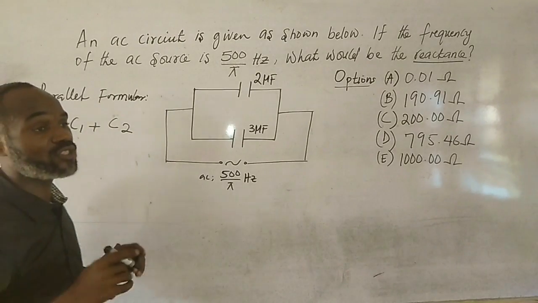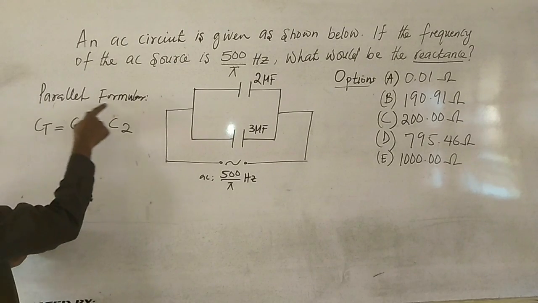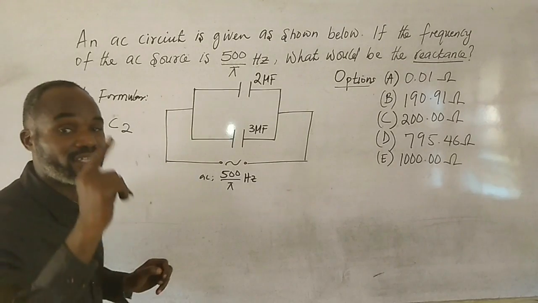That's the first thing we need to do. For capacitors connected in parallel, the formula is CT equals C1 plus C2.